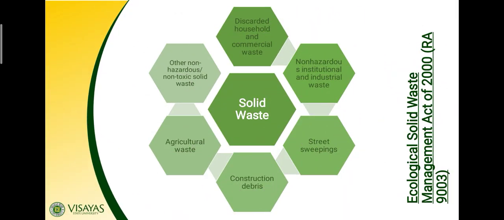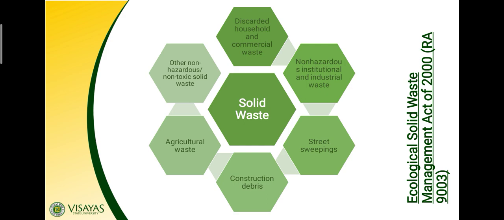So first, let us focus on solid waste. Solid waste can be from different sources, such as residential, industrial, commercial, institutional, construction and demolition, municipal services, processes, and agricultural services.